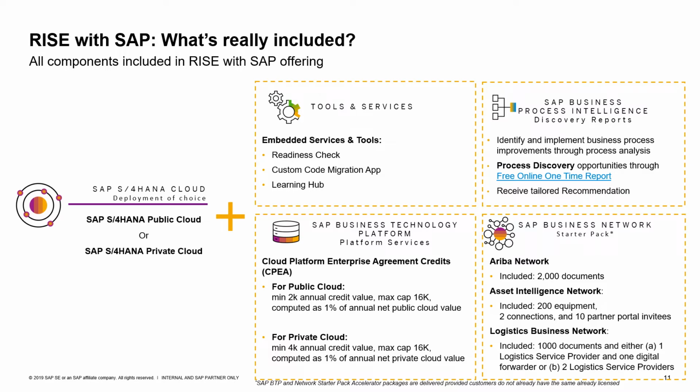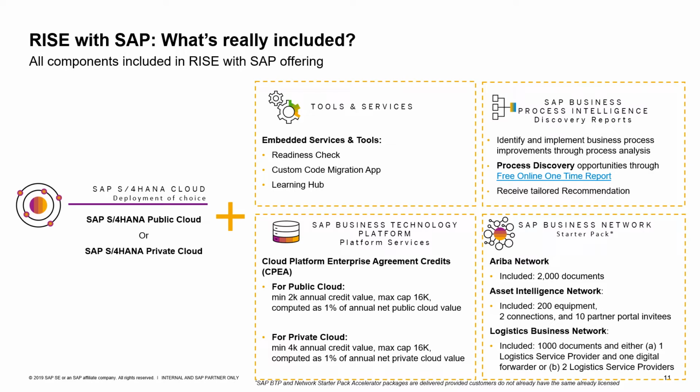But then within the RISE with SAP, we've also bundled 4 really cool components into the package. And it's all under one material number. And all of these things get provisioned automatically when your customer licenses RISE with SAP S4HANA Cloud Private Edition.